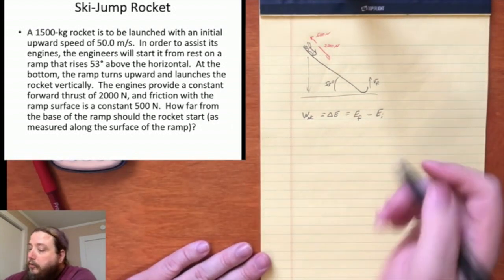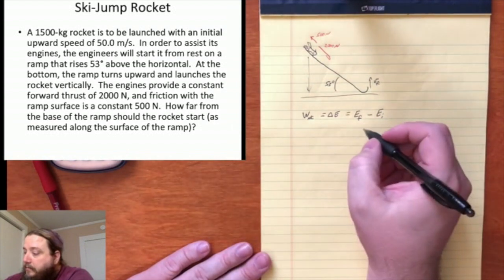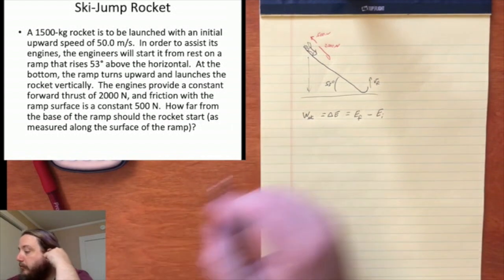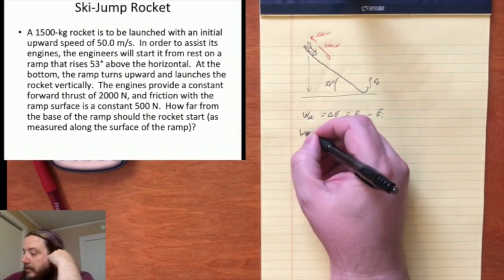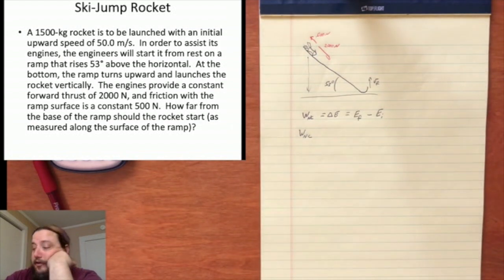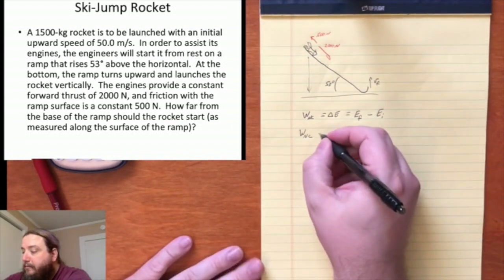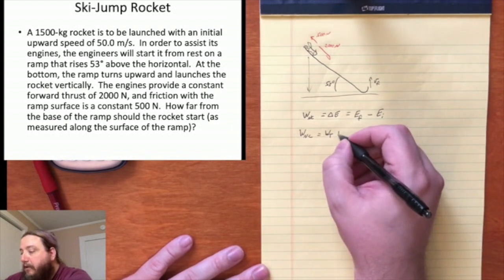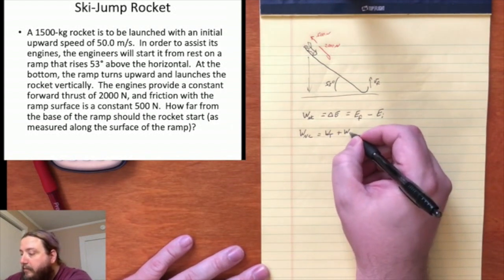Okay, so the work done by non-conservative forces, let's evaluate that to begin with. All right, so the work done by non-conservative forces, well, that's going to be the work done by the thrust plus the work done by friction.